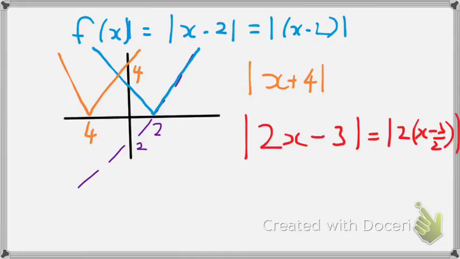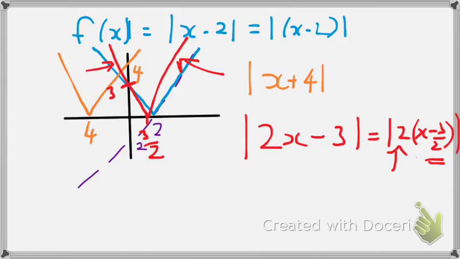So now the lines have slope 2, and it's shifted to the right 3 over 2. So something like this. The point there is 3 over 2, and that point there is 3. Okay, and the two line segments have slope 2 and minus 2.